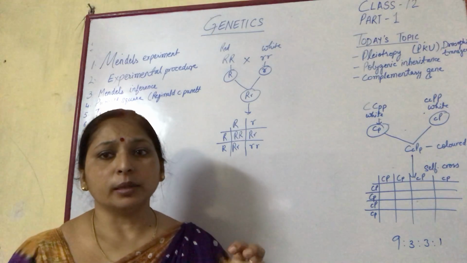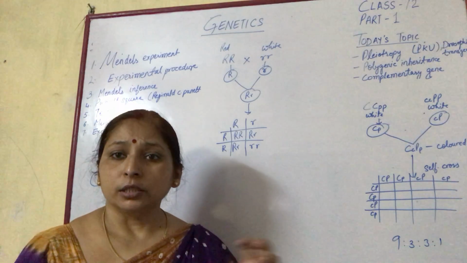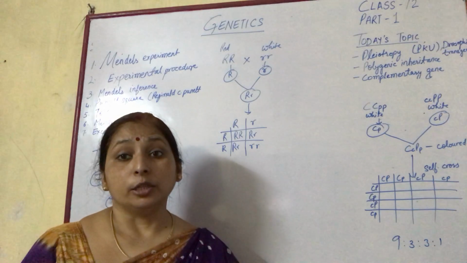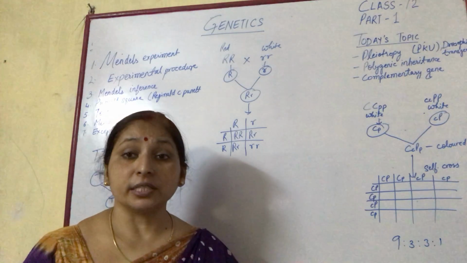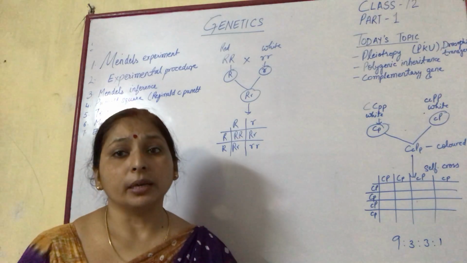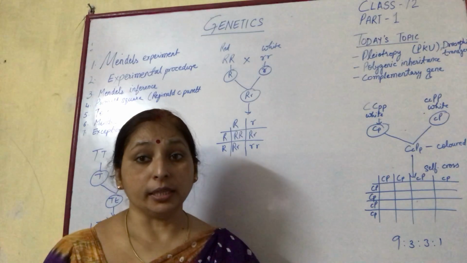I'm just giving a brief account because I have already explained all these things. The lifespan of the pea plant to get the next generation is very short, and it is easy to handle. That's why Mendel selected the pea plant for his case study.